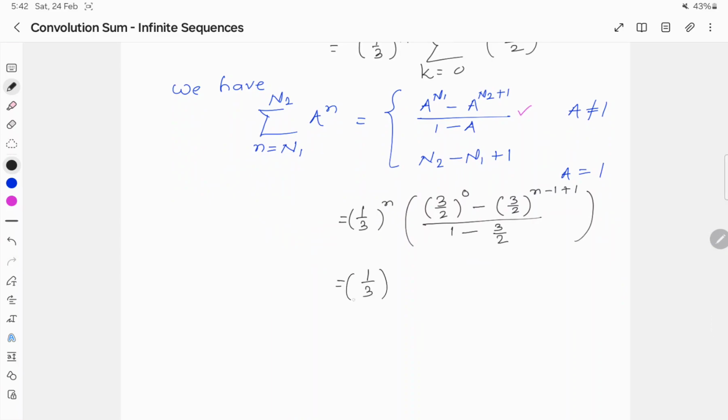1 by 3 raised to n, inside this bracket 3 by 2 raised to 0 is 1, minus 3 by 2 raised to, so n minus 1 plus 1 gets cancelled out, so simply it is 3 by 2 raised to n, upon, so if you simplify this, 2 minus 3 divided by 2, so it becomes minus 1 by 2.